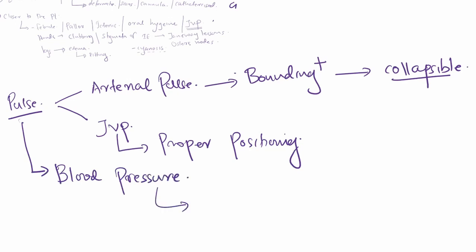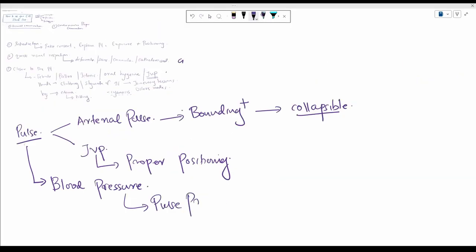In this, you might get a clue about the pulse pressure. If the pulse pressure is either narrow or wide, it will give you clues like in AR and in AS, right? So that is for the blood pressure.